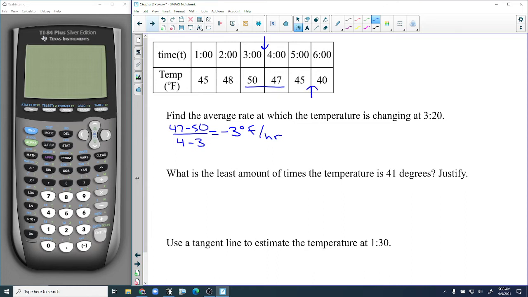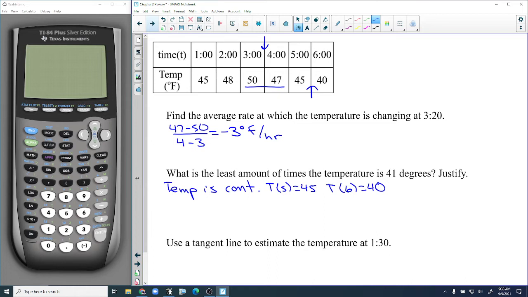So we say that, first of all, temperature is continuous. We can say the temperature at 5 o'clock was 45, and the temperature at 6 o'clock is 40. So we state some values. We're saying, hey, at 5 o'clock it's 45, and all of a sudden at 6 o'clock it's 40.